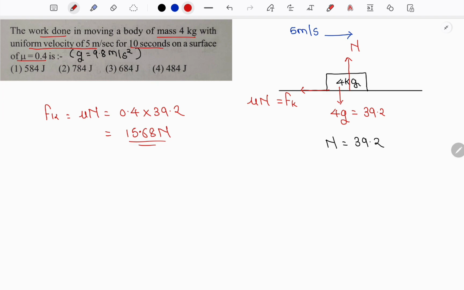So the kinetic friction that we get in this question is 15.68 Newton.